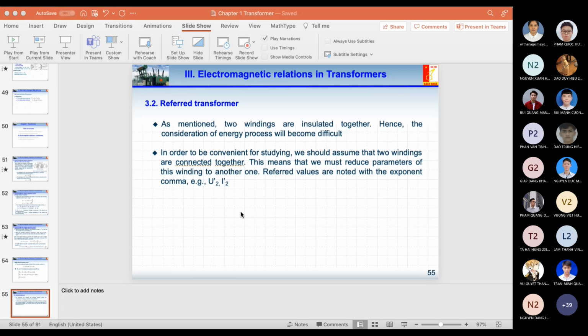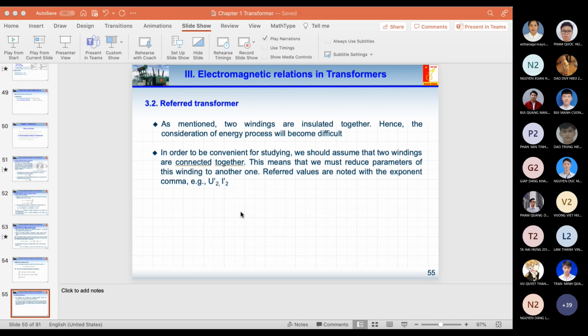Conversion parameters like the voltage, the current, the electromagnetic force, or resistance and inductance also. Every parameter of the secondary winding must be converted to the primary winding.